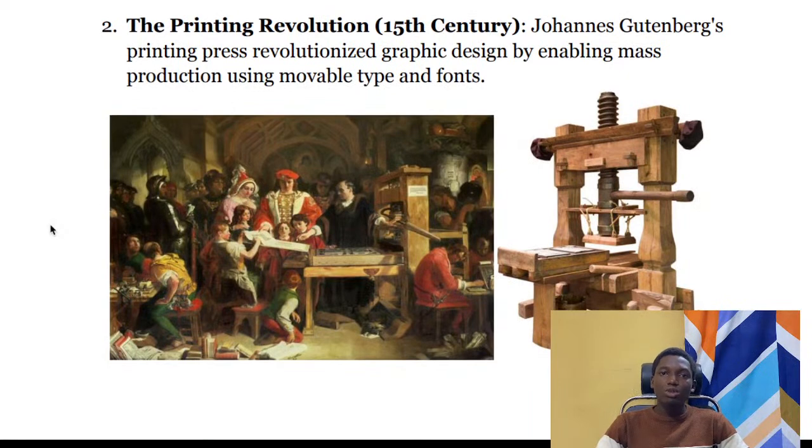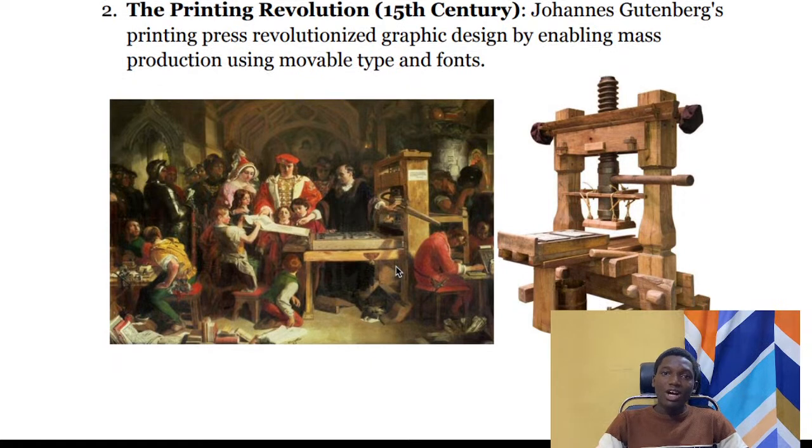The printing era is in the 15th century. If you go back to the 1st century, that is the pre-15th century, but this one is the 15th century. In this century, people used more plastic or wooden materials to pass out information and to write things down. As it says, the printing press revolutionized graphic design by enabling mass promotion using movable types and fonts.